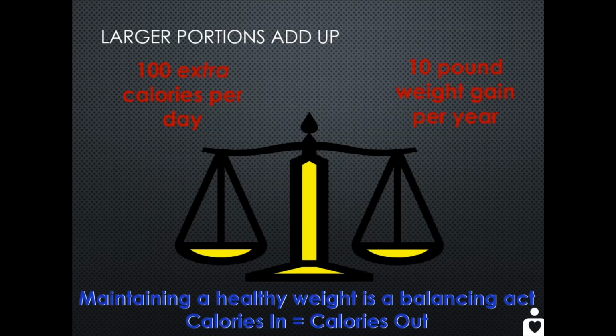So larger portions really add up. Think of it this way, 100 extra calories a day will add up to a 10-pound weight gain per year. So figuring out how many calories you need a day is important too, so you know how many are the extra. Maintaining a healthy weight is a balancing act.